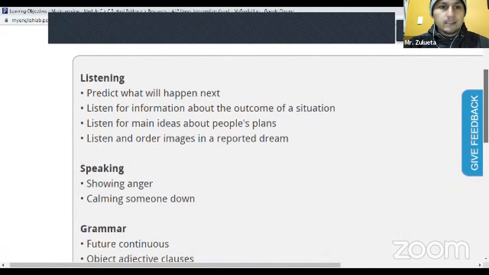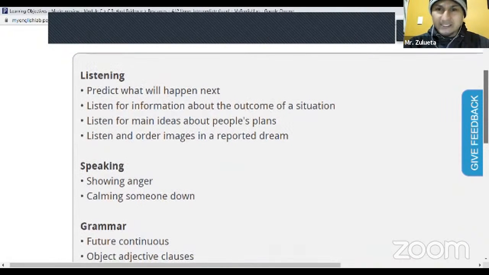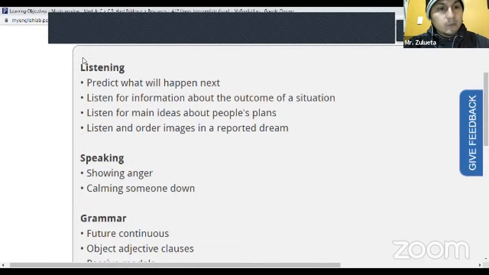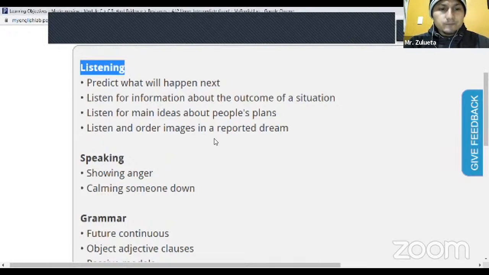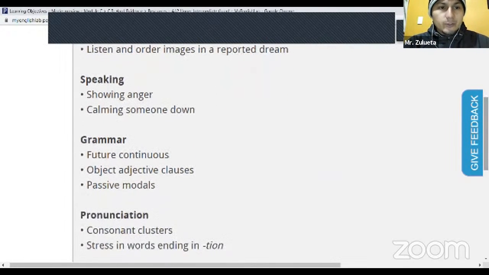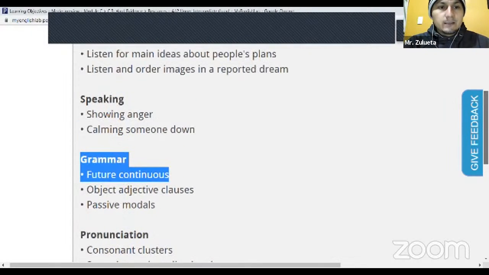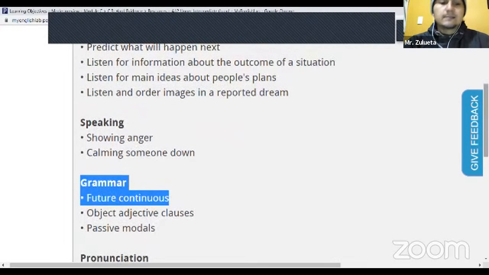After we read the objectives, the unit's goal, today we are going to work together on the listening. Then we're going to take a look at the grammar, specifically the future continuous, and from that verbal tense, I will activate the two given activities.